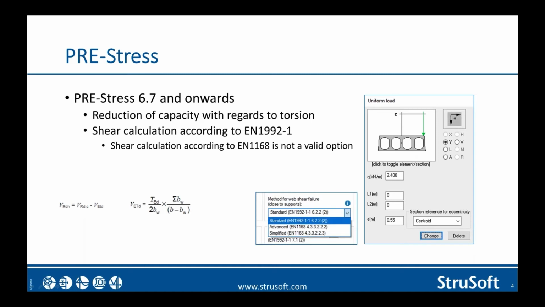And the shear calculation needs to be according to Eurocode 2. So it's not a valid option to use the EN 1168 if you are looking at the torsion, even though both the shear and the torsion are presented in EN 1168. So they cannot be combined according to the product standard.